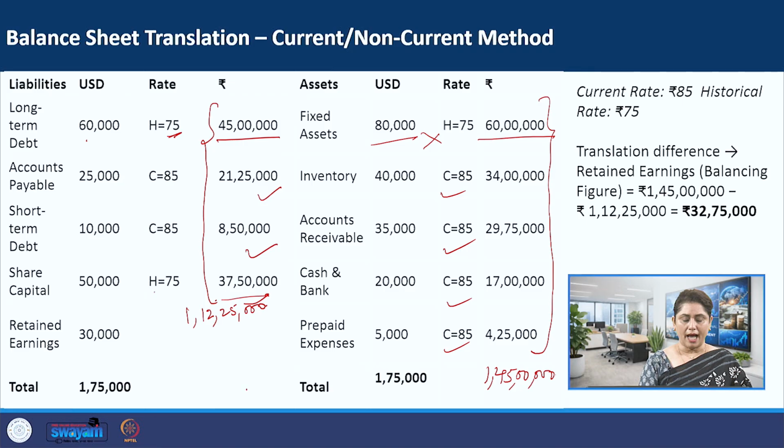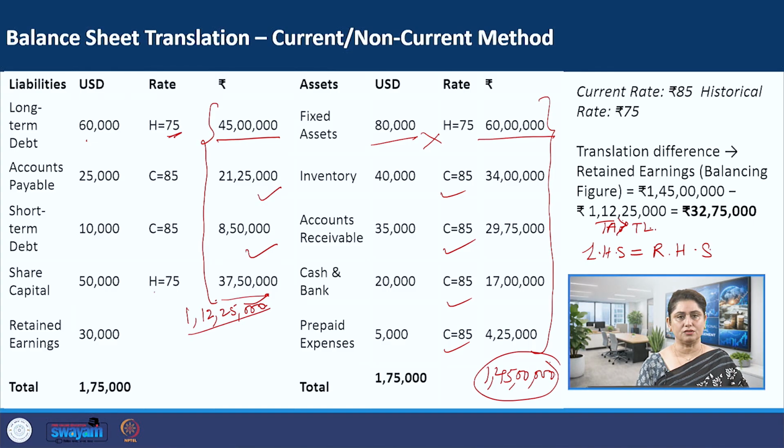Now, the rule is that the left hand side of the balance sheet should be equal to the right hand side. But in this case, the total of assets is greater than the total of liabilities. So, somewhere we have to bring the balancing figure here.